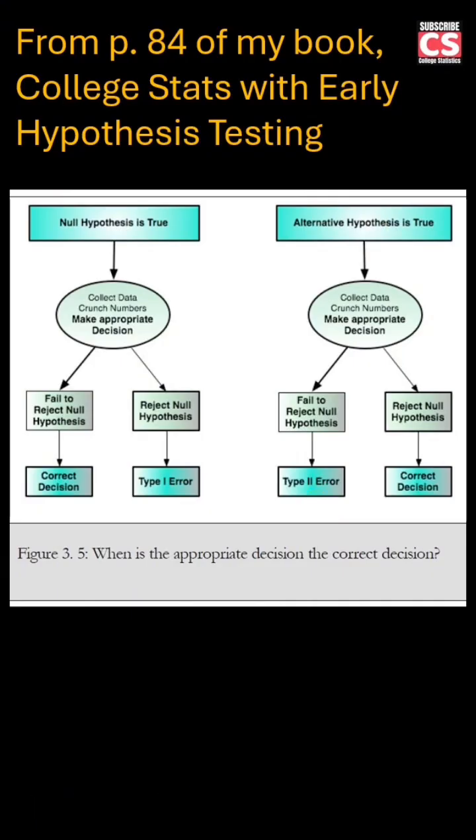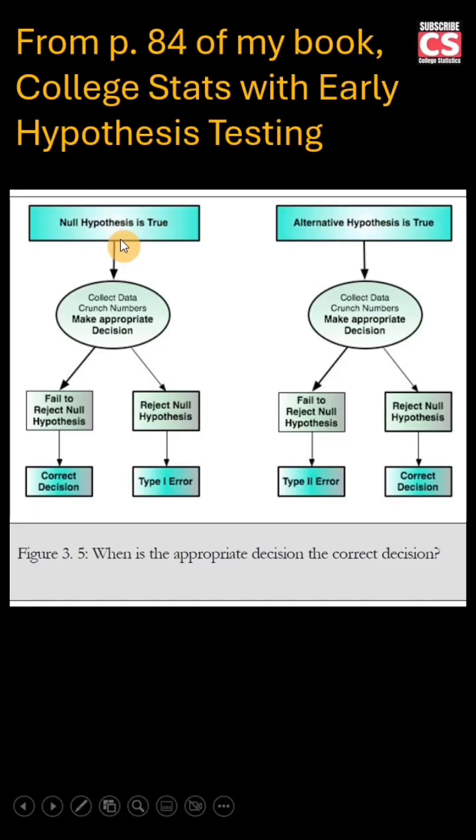So, the human being doesn't know which hypothesis is true, because if the human being knew, then the human being wouldn't spend money and time studying a topic. You would just know.